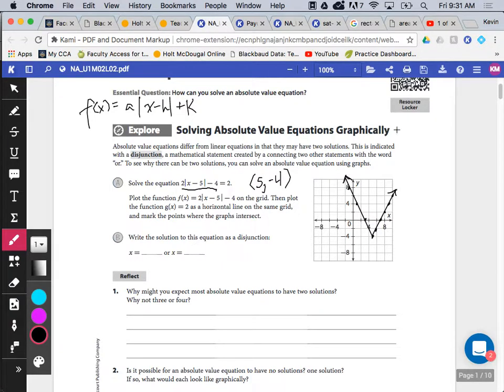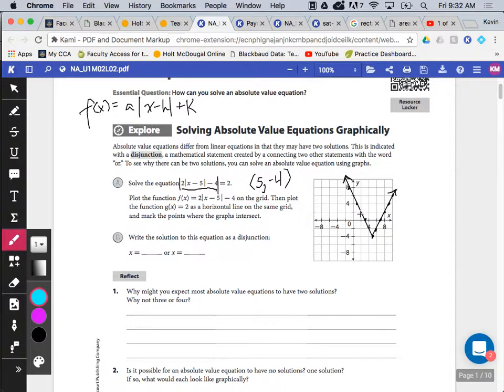All right. So now I've got the graph of this function, but there's another part of this equation. What's the other part of the equation? That it equals 2. So if it equals 2, what should I plot here to find out where it's going to equal 2? Well, it's pretty clear that it's equal to 2 here and here.